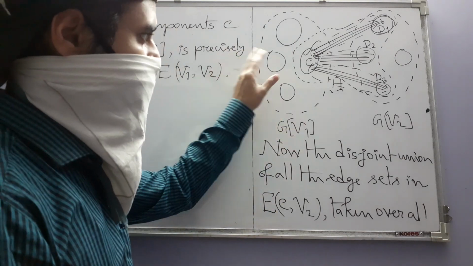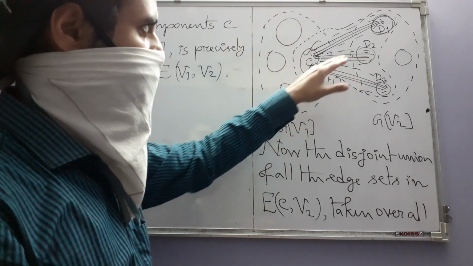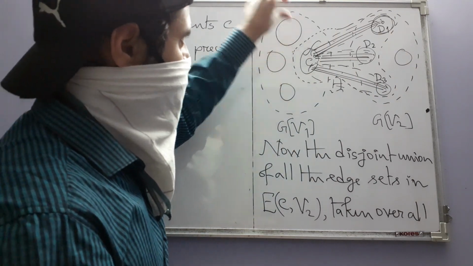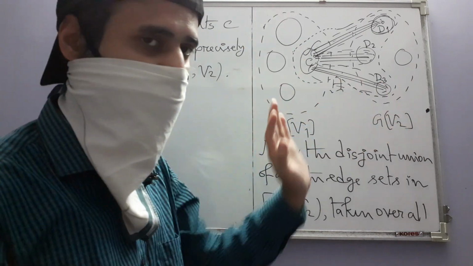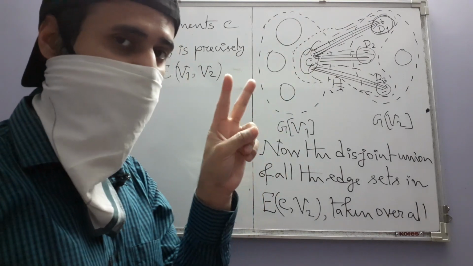You have V1, you have V2, you consider the components on this side separately, you consider the components on that side separately. You take any component from this side, any component from that side, from these induced subgraphs, and then you consider the edges between those two components.